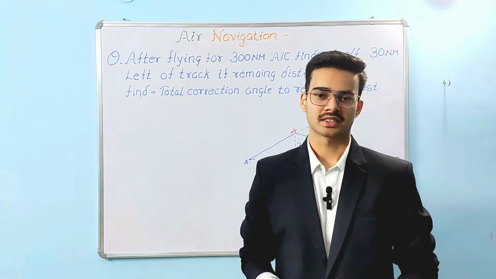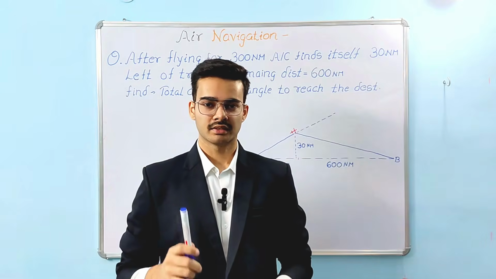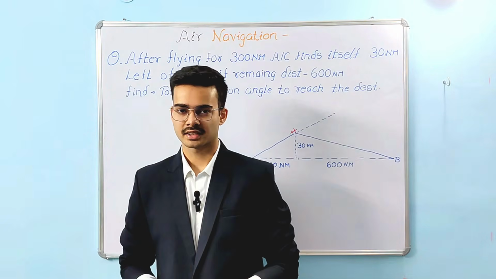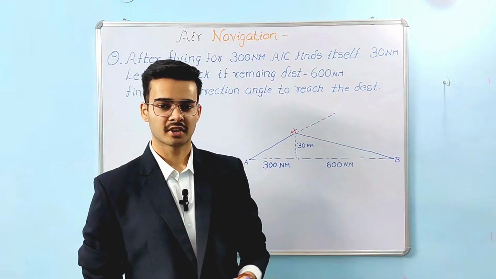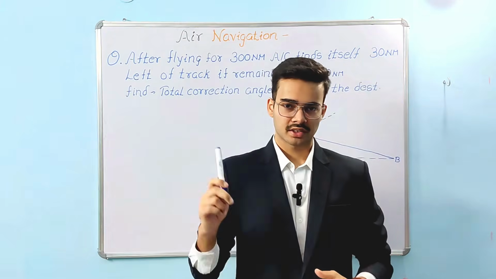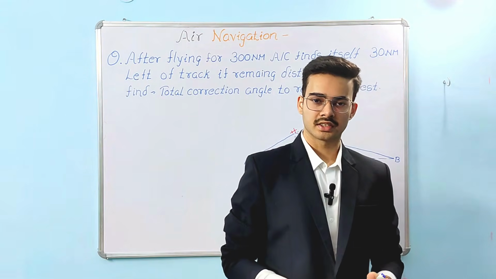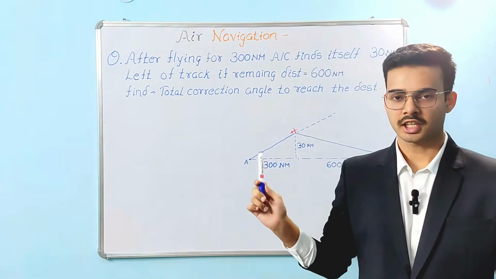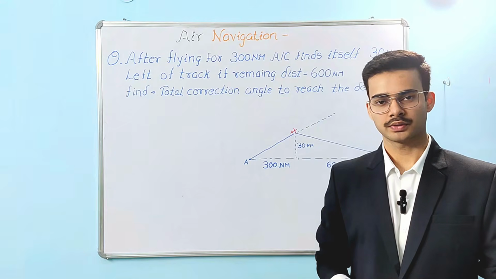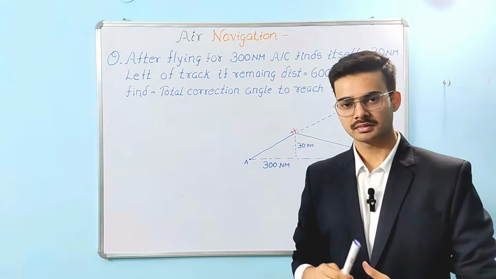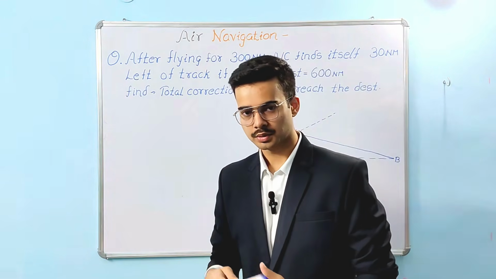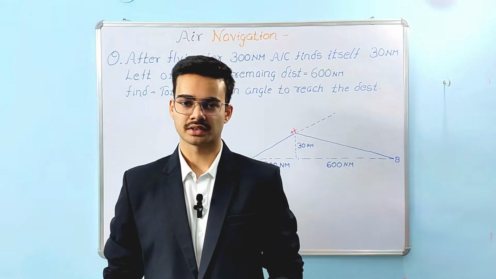Nope, that's not it. The first step, whenever you get a question like this, draw the diagram. Why? Because this question looks very innocent, but it is the type of question that's responsible for the maximum errors that you make even after knowing the concept.